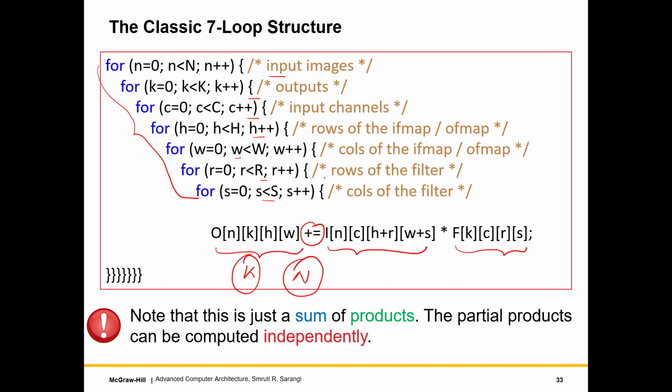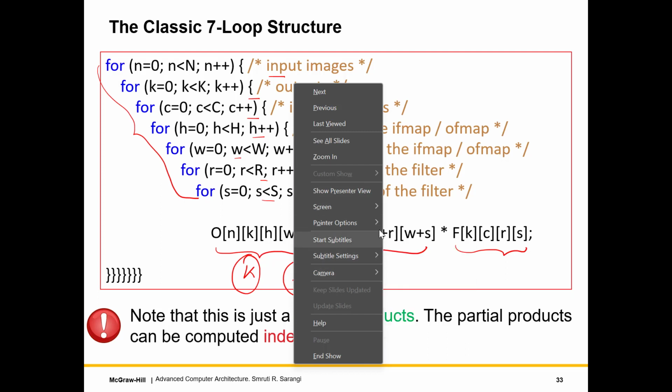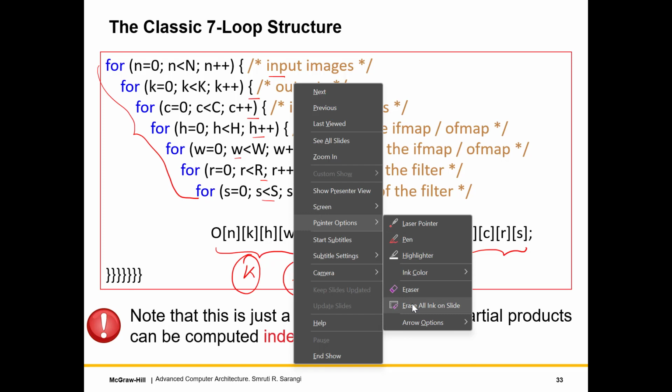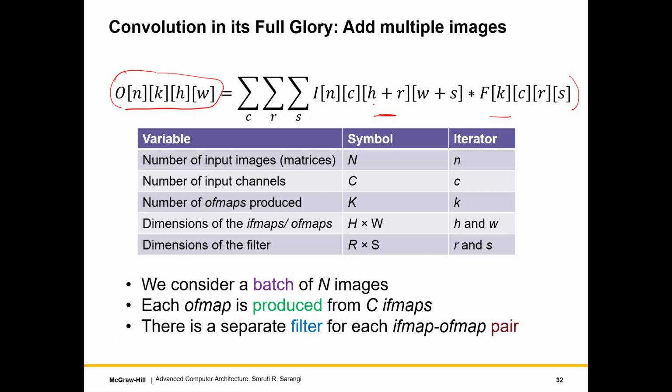So the first thing is that you need to convince yourself that this 7 loop structure, N, K, C, H, W, R, S, is nothing but this. And as you can see here, all that we are doing is multiplying and adding.